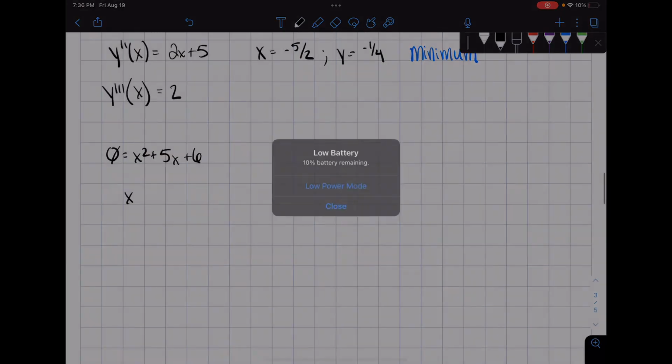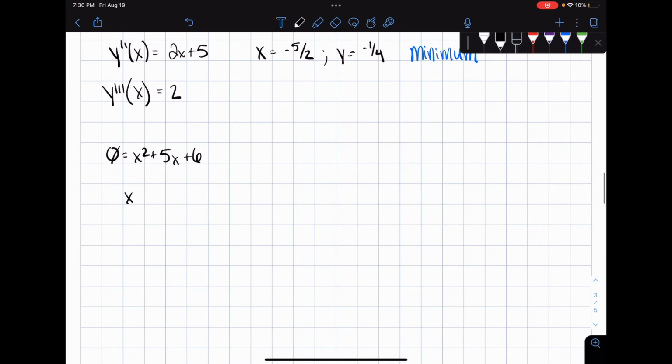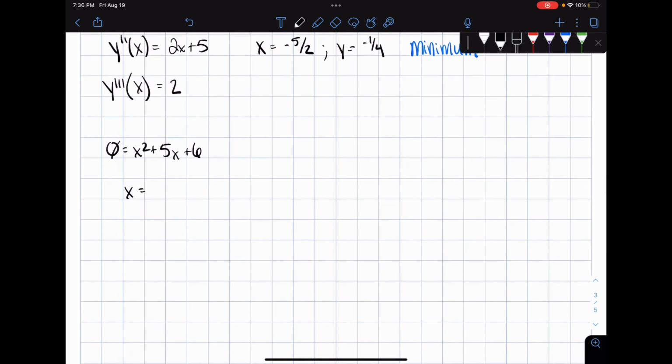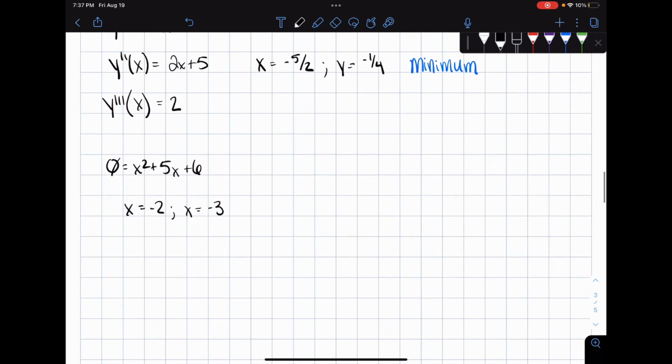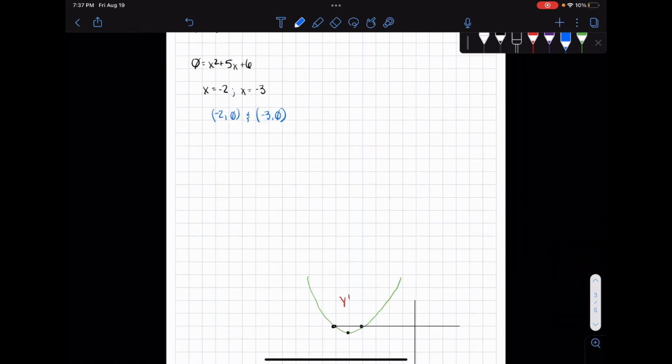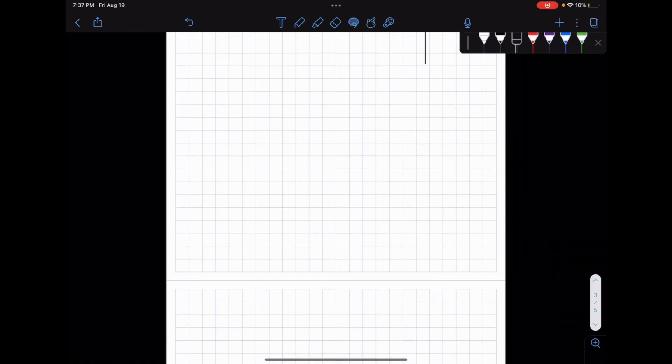So we're going to get x equals -2, and then x equals -3. And then those points are two more coordinates that we have: (-2, 0) and (-3, 0). And now with these 3 points, we can put together a pretty little graph.